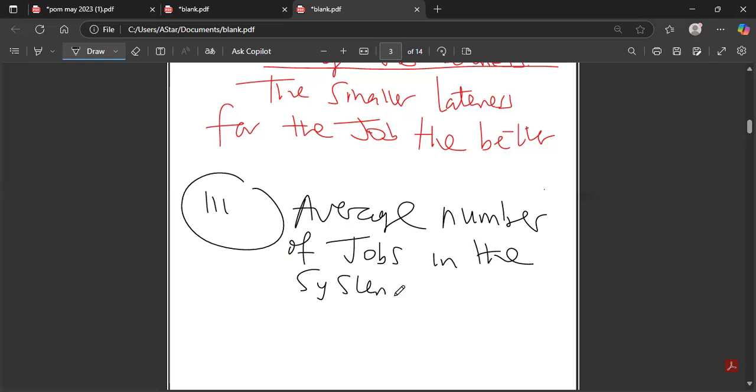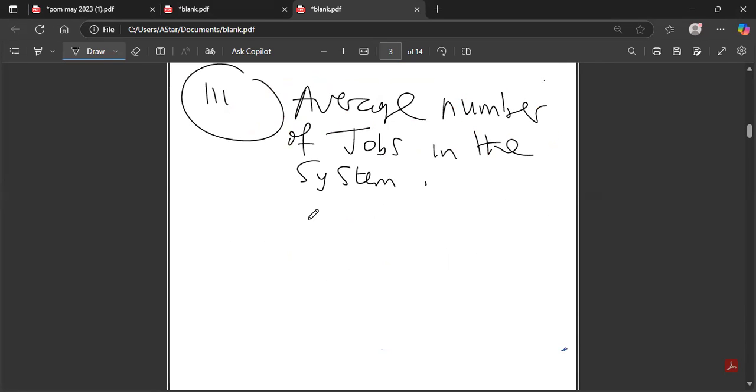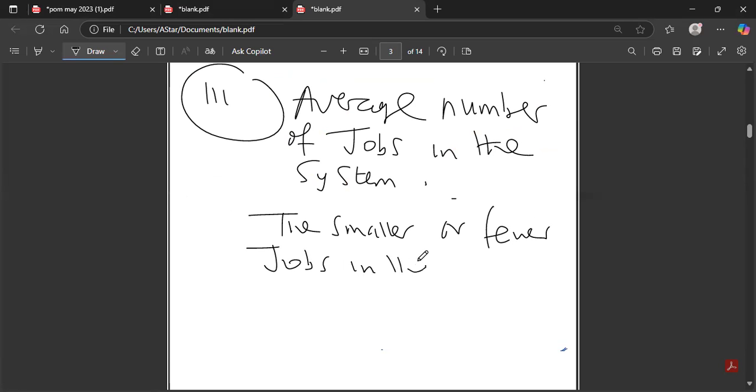The fewer jobs in the system, the better, meaning that they will evaluate your efficiency.